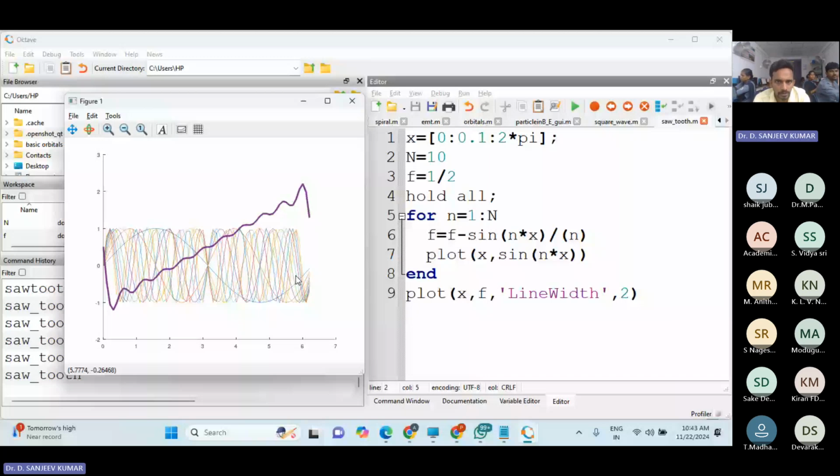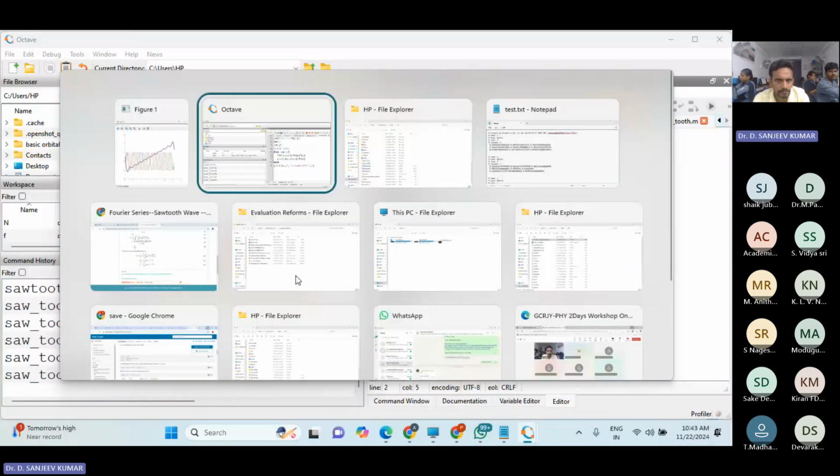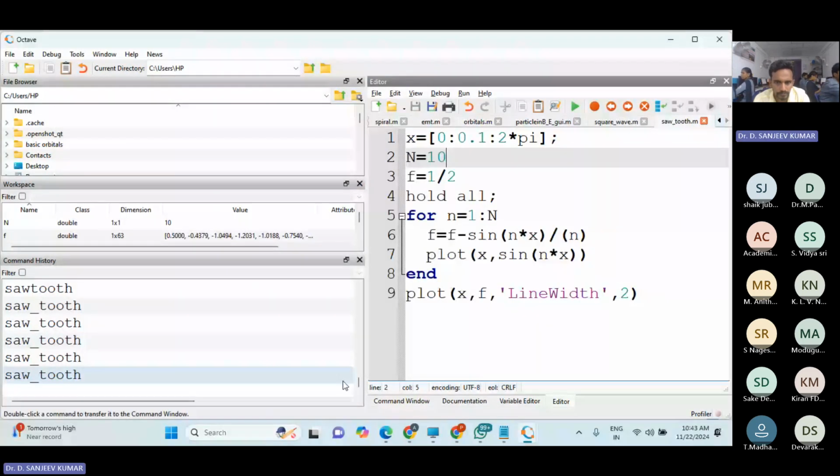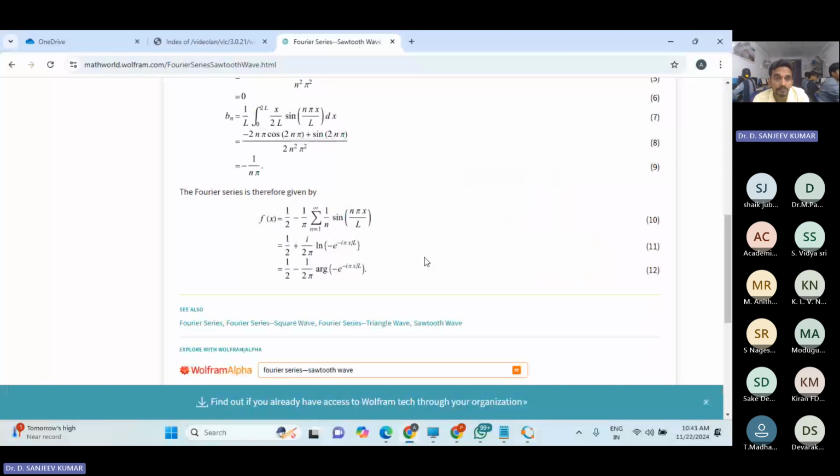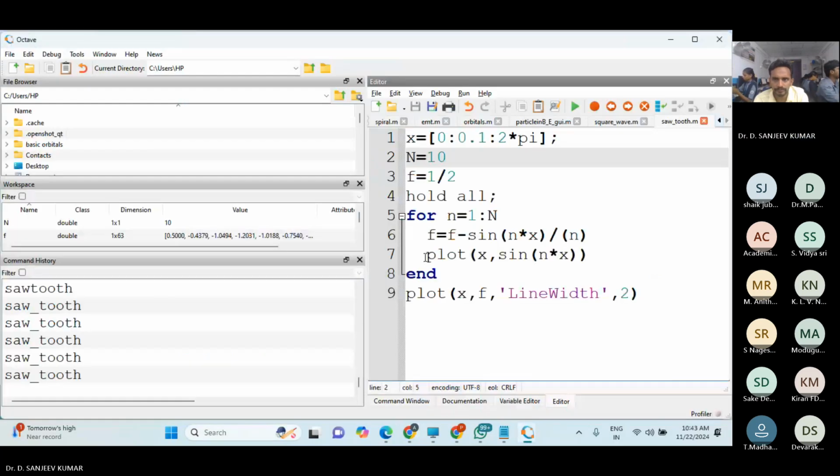So what is the additional quotient that we are missing here? One by pi. So include that also in the summation, 1 by pi.